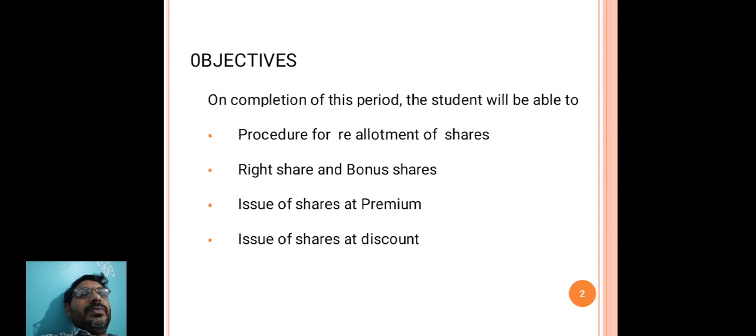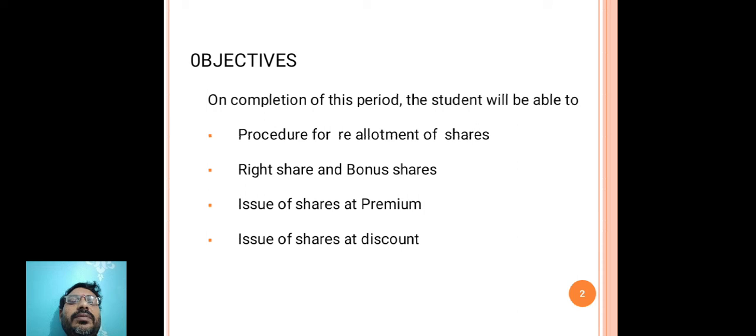The procedure for reallotment. In the last session, I have clearly explained the procedure for allotment of shares and the procedure for forfeiture of shares.